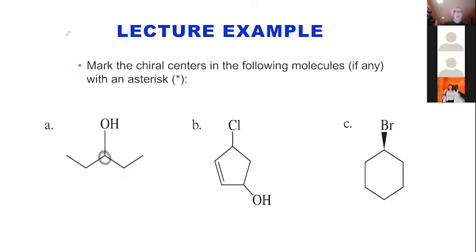So let's have a look at it. It has a hydroxyl group on one side. It has a hydrogen on the other side, and it has that on one side and that on the other side. So is that chiral?